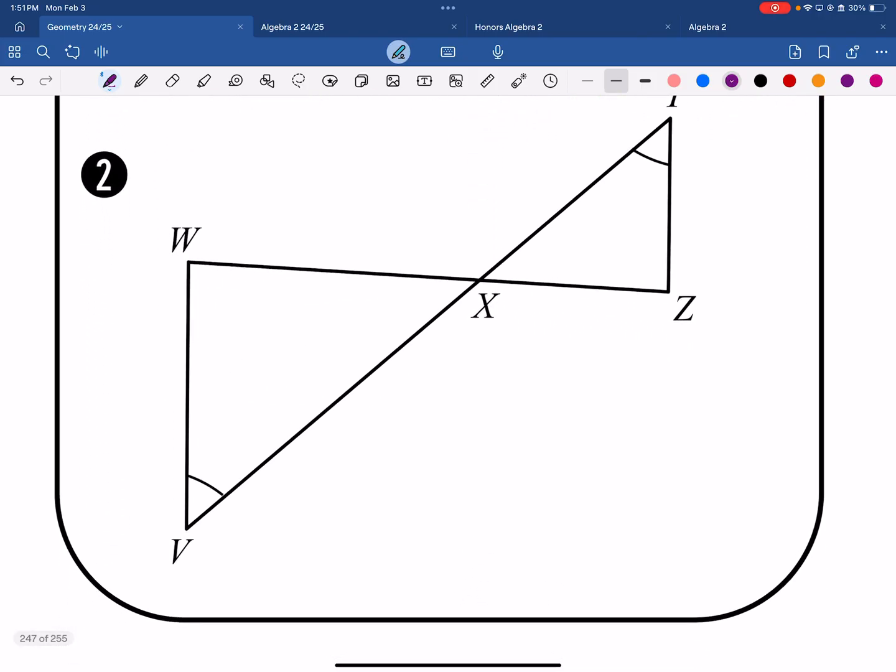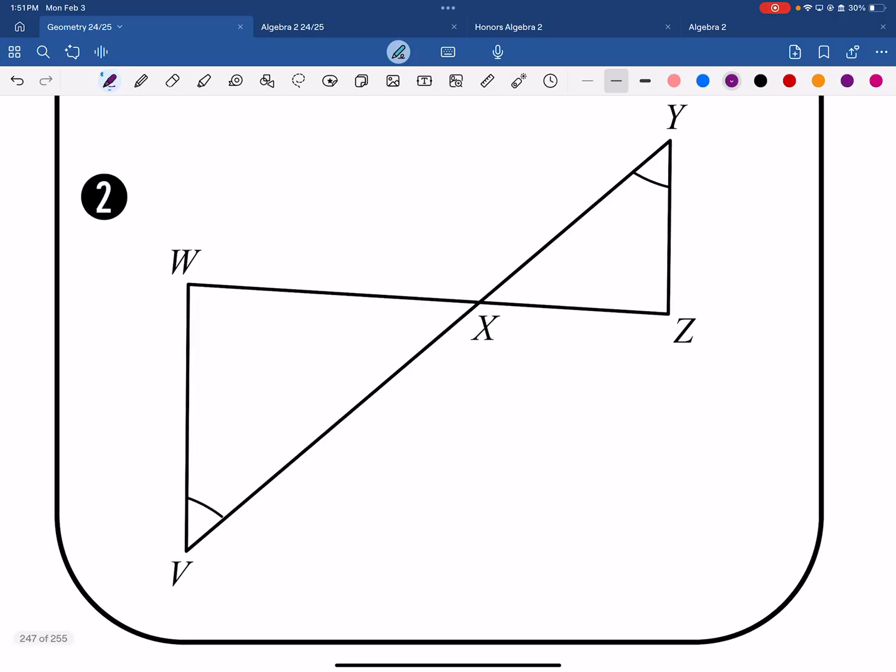Okay, let's look at the second one. So the only property we know right now is angle. We have a tick mark there and we have a tick mark there.